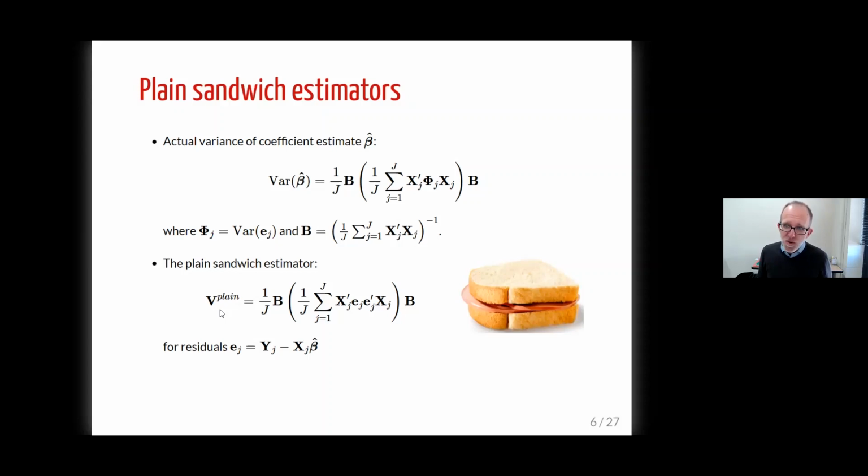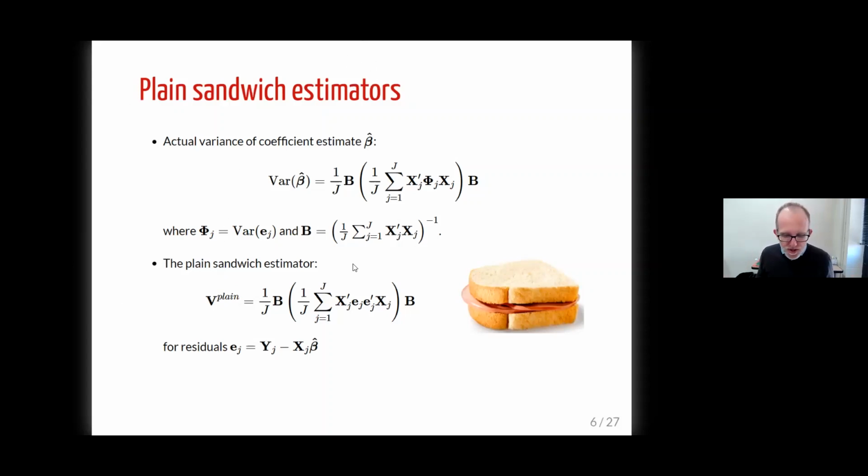They're not the highest quality, artisanal, carefully sourced, organic ingredients. You just don't think about what goes into them. But the idea is, if you stuff enough of that filling into a sausage case, you get bologna. Even though the individual ingredients are not high quality, you can still make a decent filling sandwich with it. So you can think of this plain sandwich estimator as kind of like a bologna sandwich.